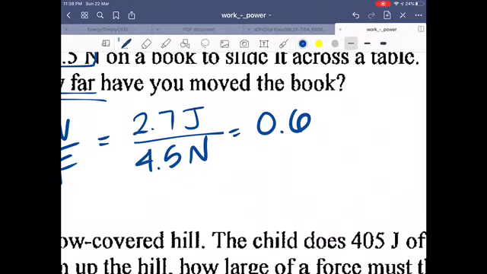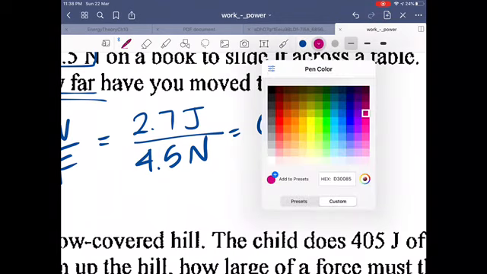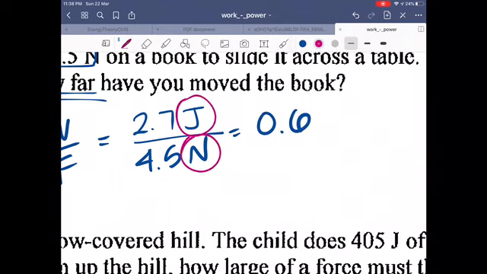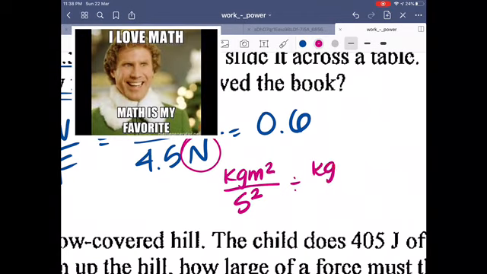0.6. Now remember I said in the last video that you needed to know the difference between joules and newtons, where here is where we are using it. We already know that joules is kilogram meters squared over seconds squared, and we are dividing it by newtons, which is kilogram meters over seconds squared.